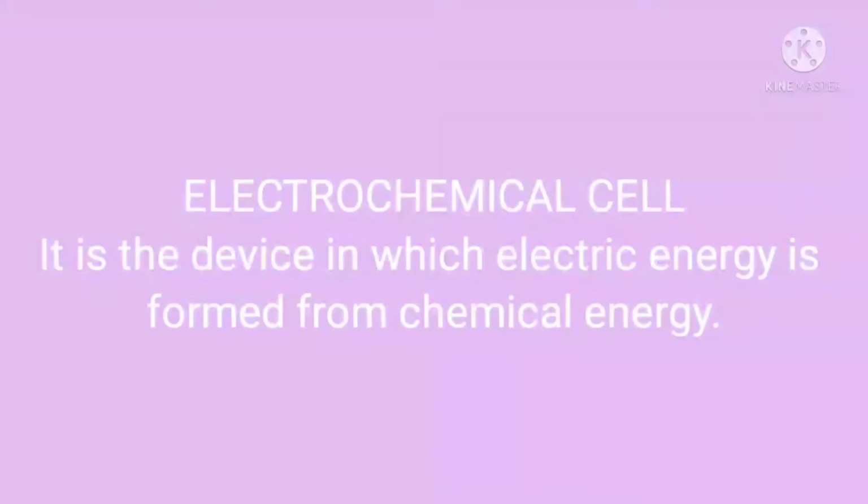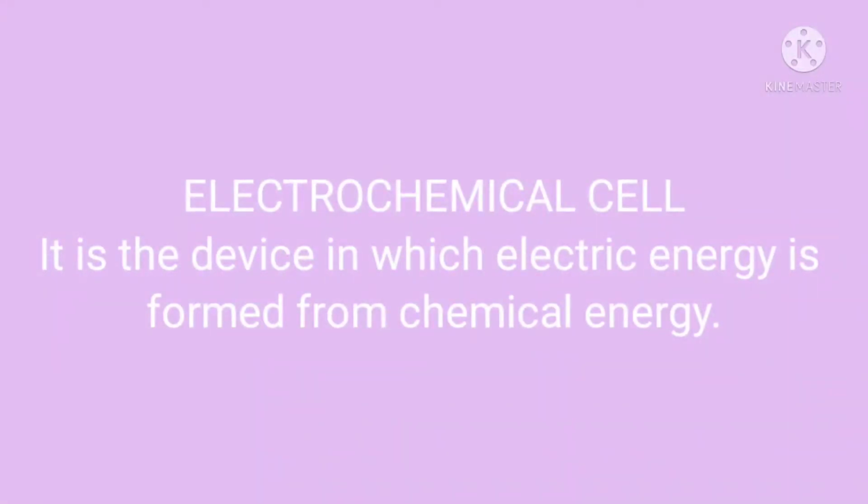The container or vessel in which these changes are carried out or studied is known as a cell. These are of two types, namely electrolytic and electrochemical cells. In an electrolytic cell, the chemical reaction is non-spontaneous in nature.